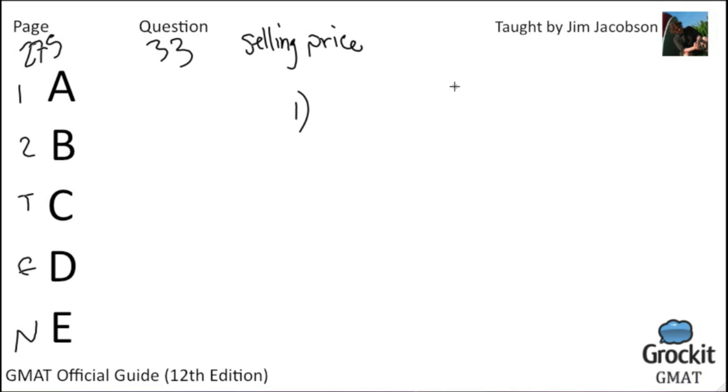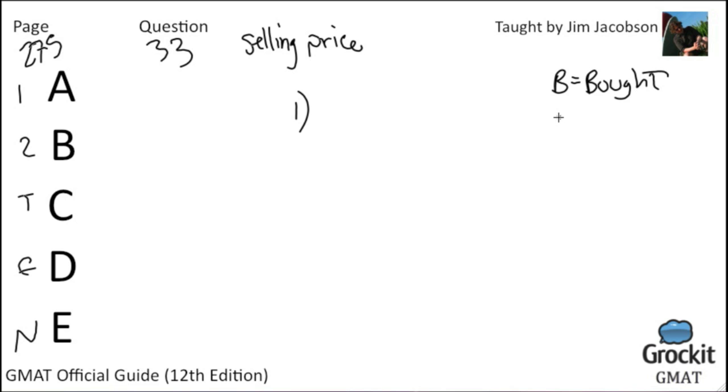The merchant's gross profit on the appliance was 20% of the price at which the merchant sold the appliance. So now we're starting to get some ideas about what our variables are going to be here. So we could say B equals the price that the merchant bought the appliance.